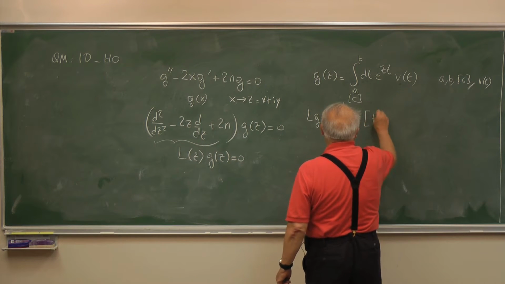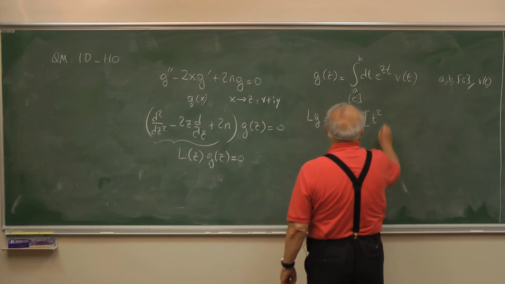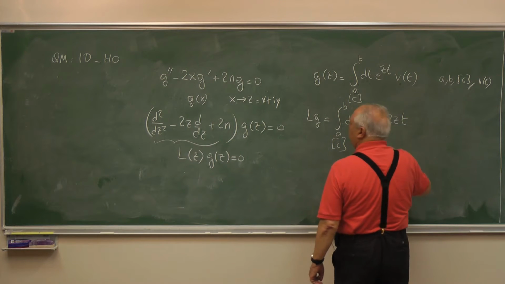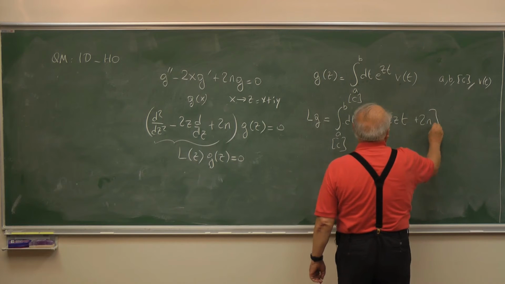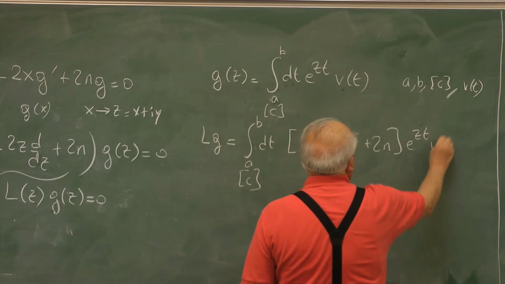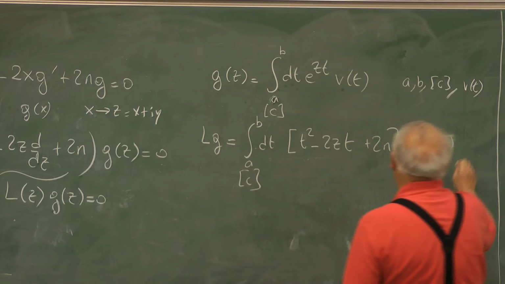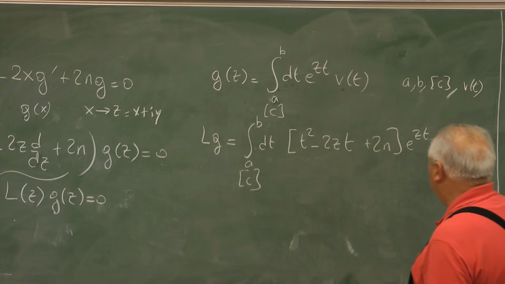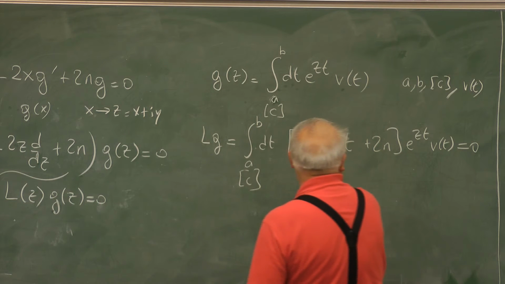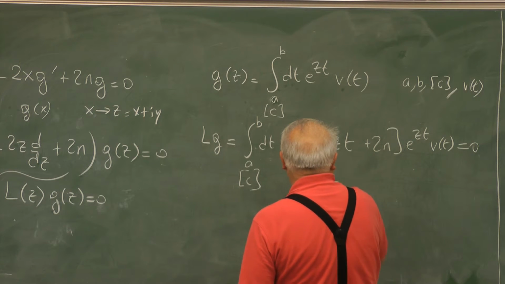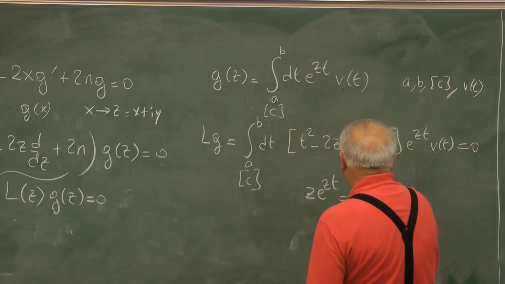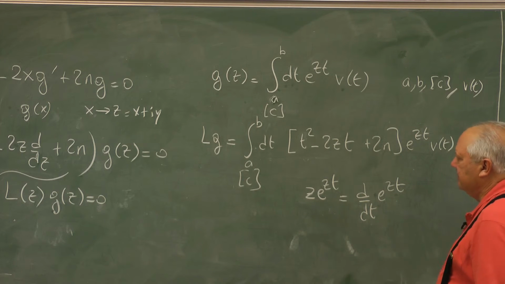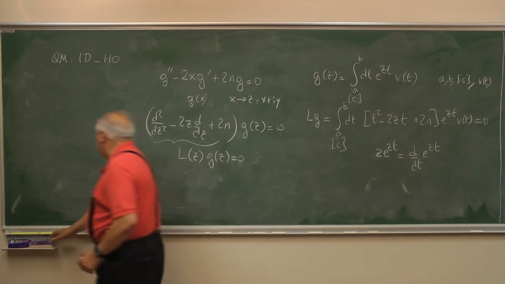So this is t squared minus 2z d/dz gives me a t plus 2n, e to the zt v of t, and this is supposed to be 0. Now let us note z e to the zt, we can write it as d/dt of e to the zt. If you take the derivative, z comes in.